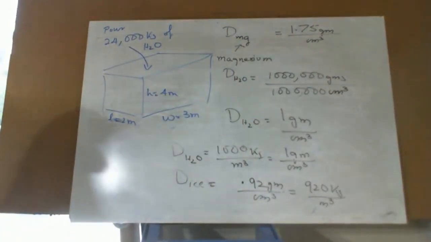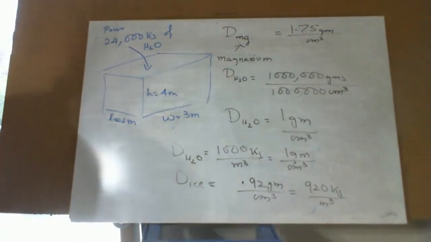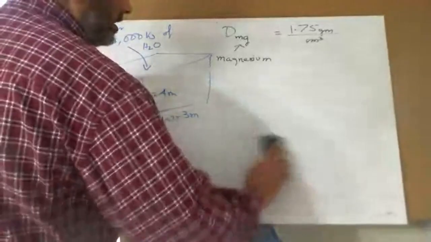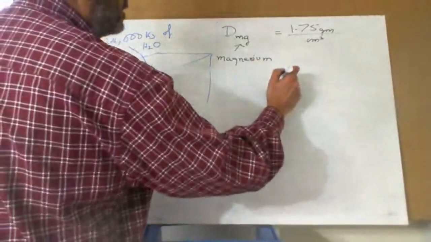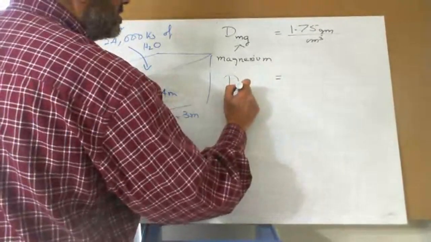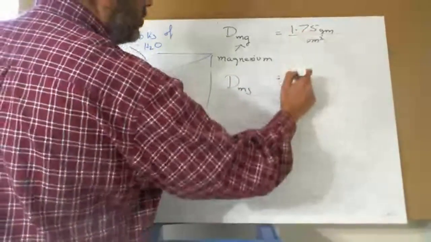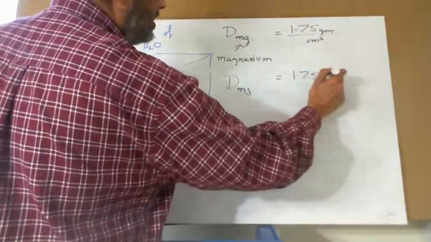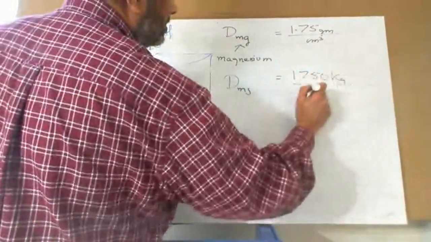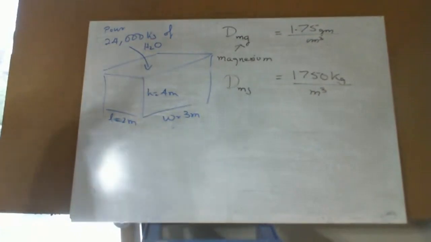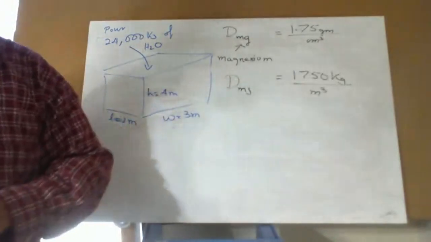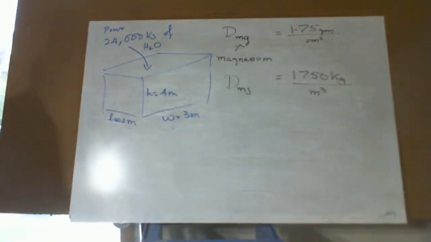If I want to convert it into kilograms per cubic meter, I would have to multiply it by 1,000. So the density of magnesium would be 1,750 kilograms per cubic meter. Right? So that's how you convert from one unit to the other.